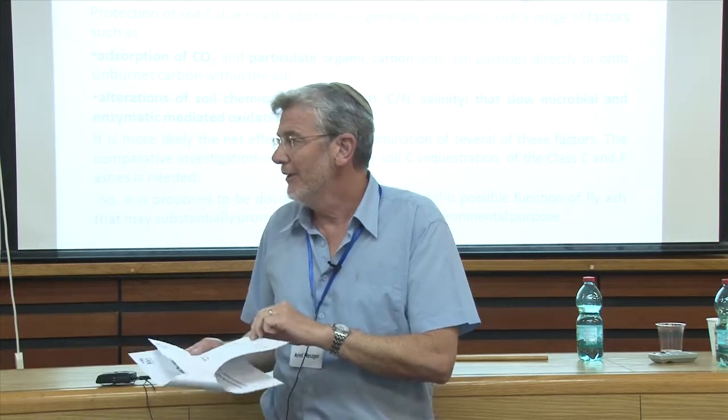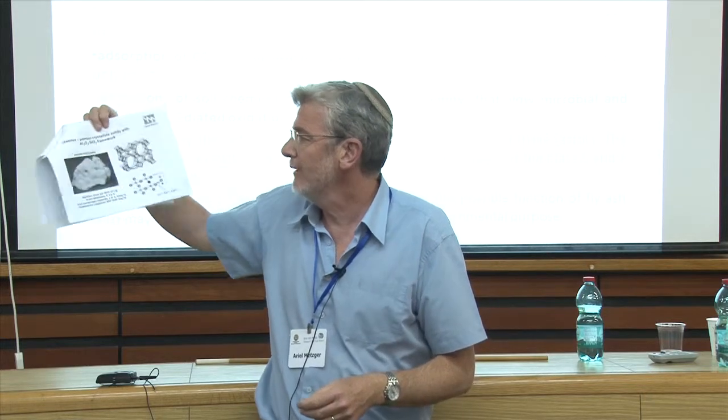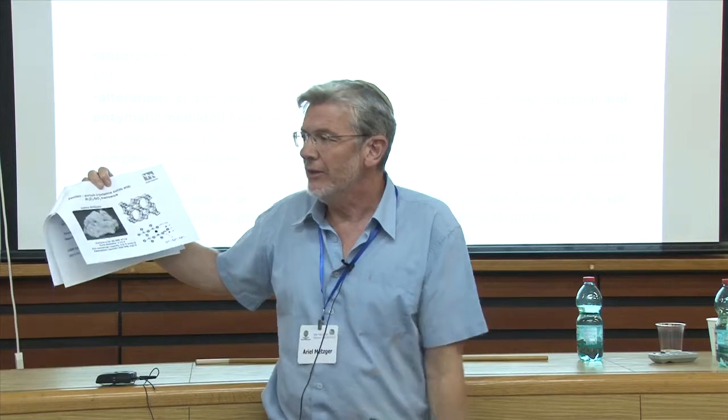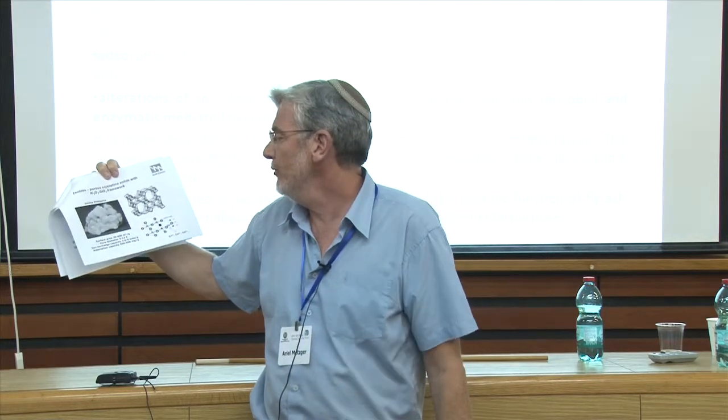Our project was a 2-year project. Here I have a SEM micrograph of zeolite. Zeolite is a porous material with an aluminosilicate framework, and its specific surface area is between 30 and 900 square meters per gram. So it's a very absorptive and useful material, with a high price.